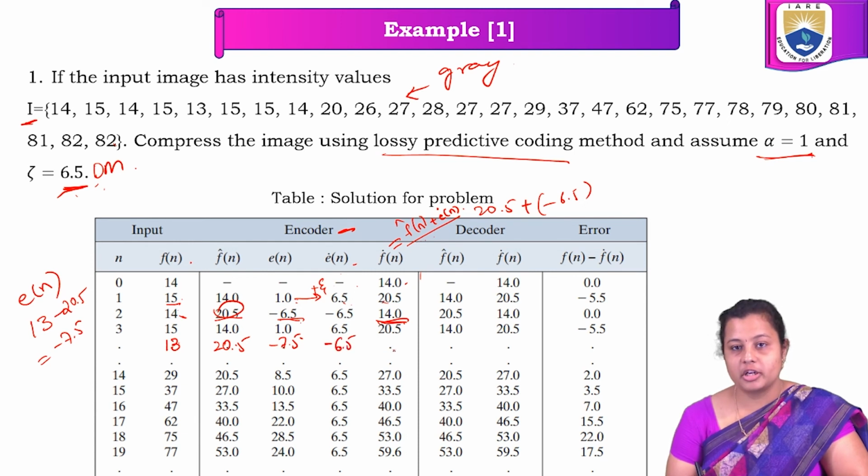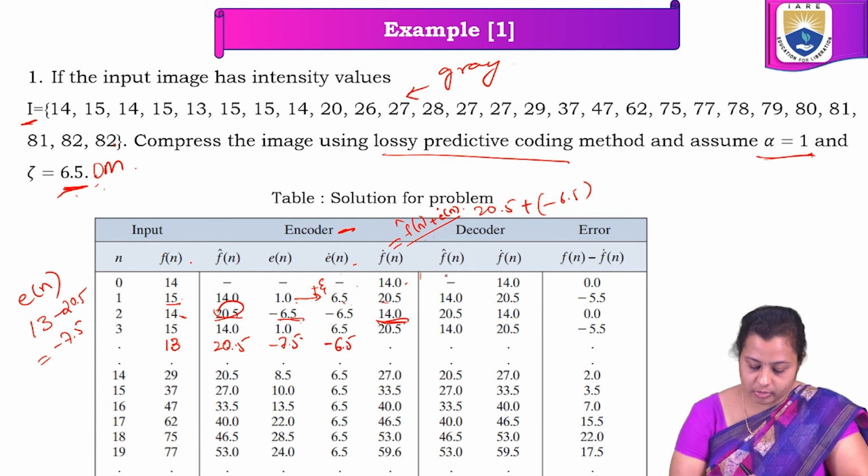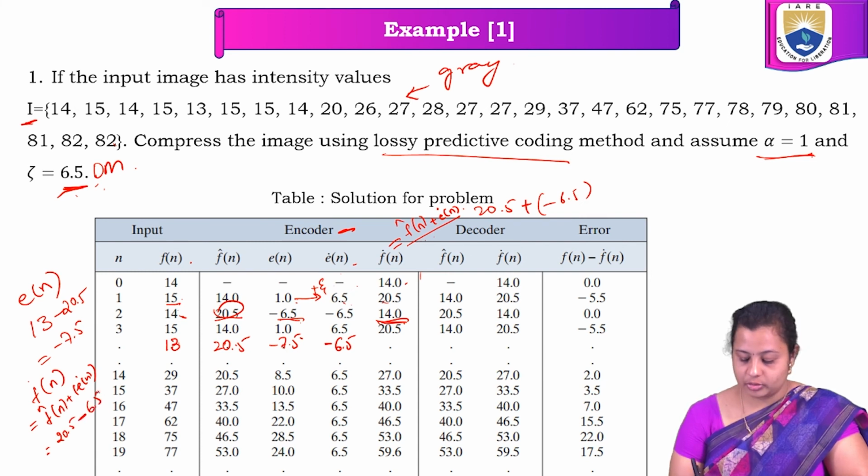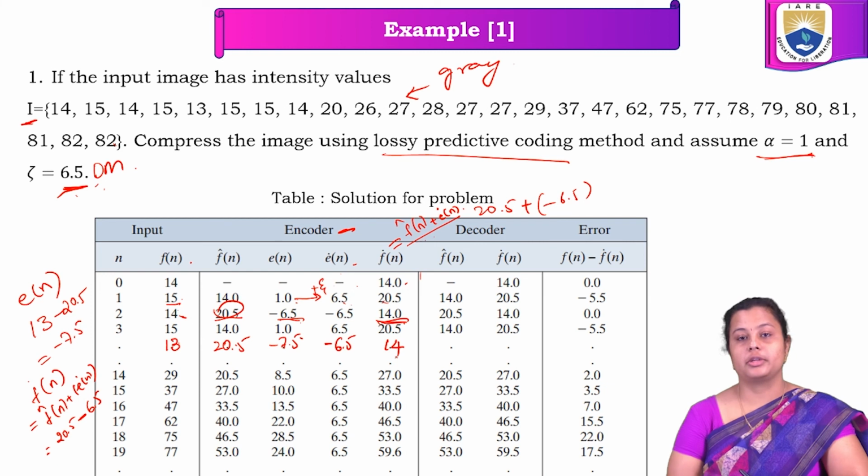Now what will be the predicted value? The predicted value f dot of n is equal to f cap of n plus E dot of n, right? That is equal to 20.5 minus 6.5, which is equal to again 14.